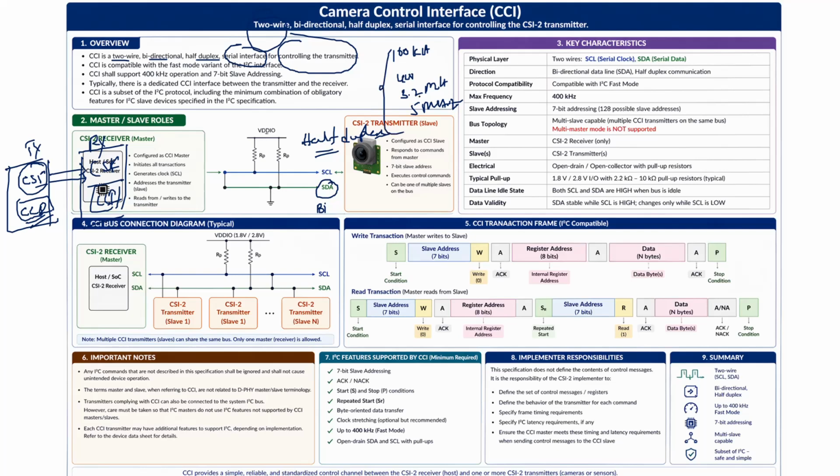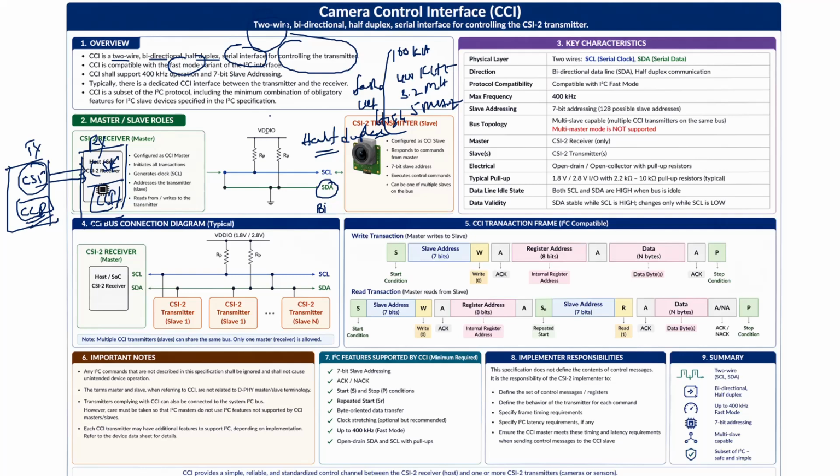Those speeds will be controlled by the camera control interface. It also operates in fast mode. So this is the standard mode, fast mode, ultra fast mode and high speed mode. In this way we are controlling the information from the transmitter side to the receiver side.